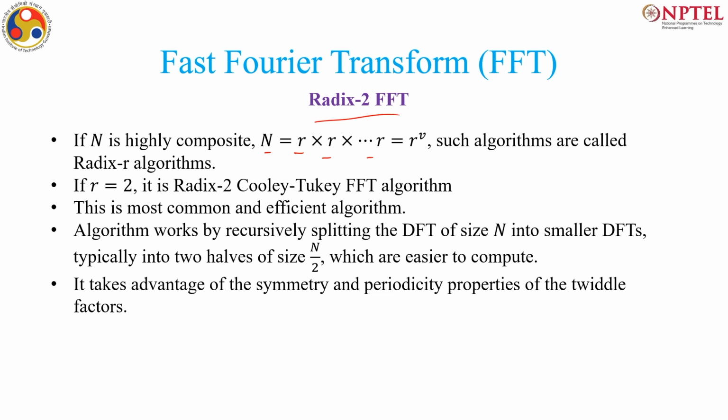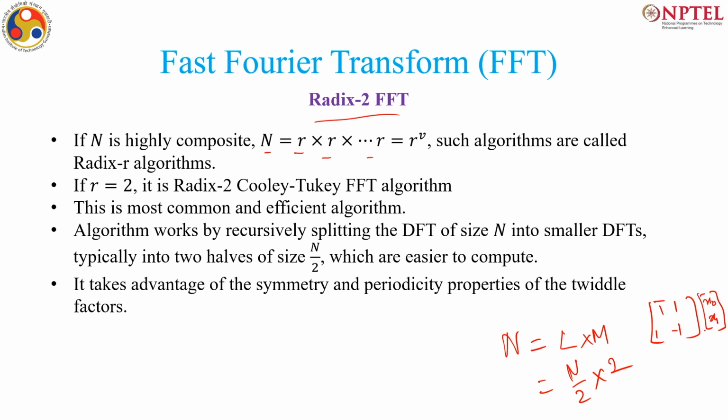Why this is efficient, we will come to know very shortly. First, here also L into M, so one will be N by 2 and the other will be 2. The speciality about 2 is that the 2-point DFT is just adding and subtracting.